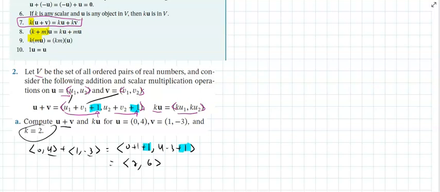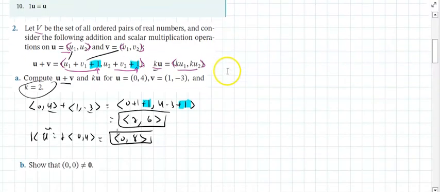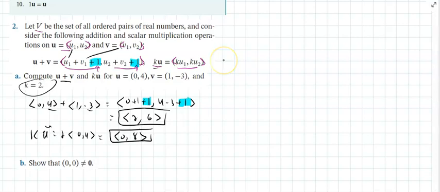If k equals 2, then when they say find ku, ku is simply 2 times 0, 4, and that's pretty much 0, 8, because here they define multiplication like our traditional multiplication. But their addition is slightly different.